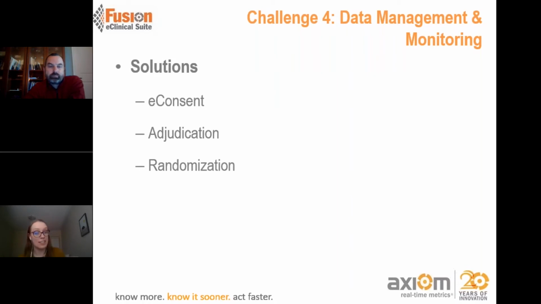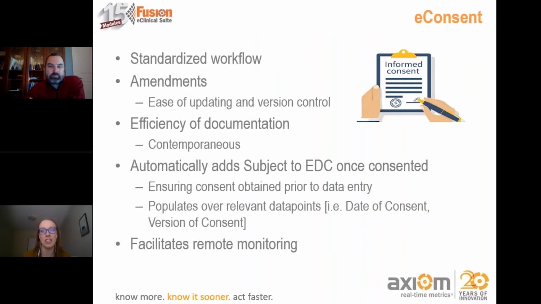For the solutions, there are a couple that we've picked to touch on: e-consent, adjudication, and randomization. When we're looking at adjudication or e-consent, we're really providing that standardized workflow across all of the regions. It removes that opportunity for any interpretation of that process.